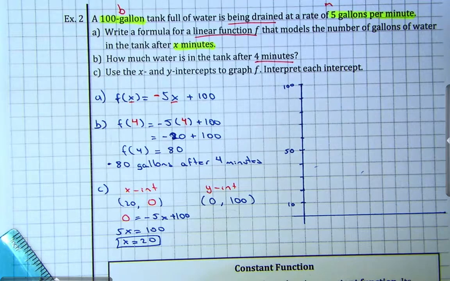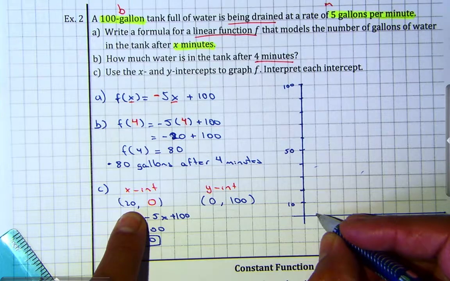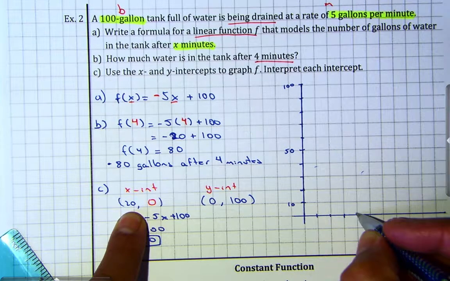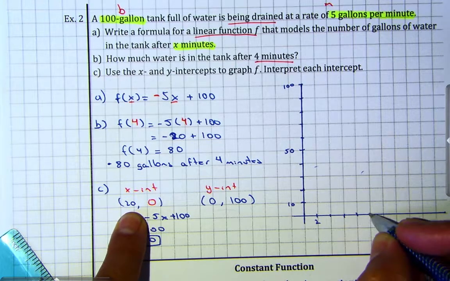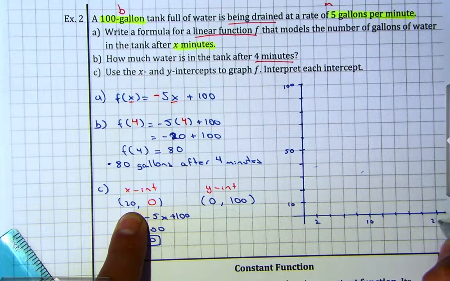And x will be going all the way up to 20, so maybe every 2: 2, 4, 6, 8, 10, 12, 14, 16, 18, 20.